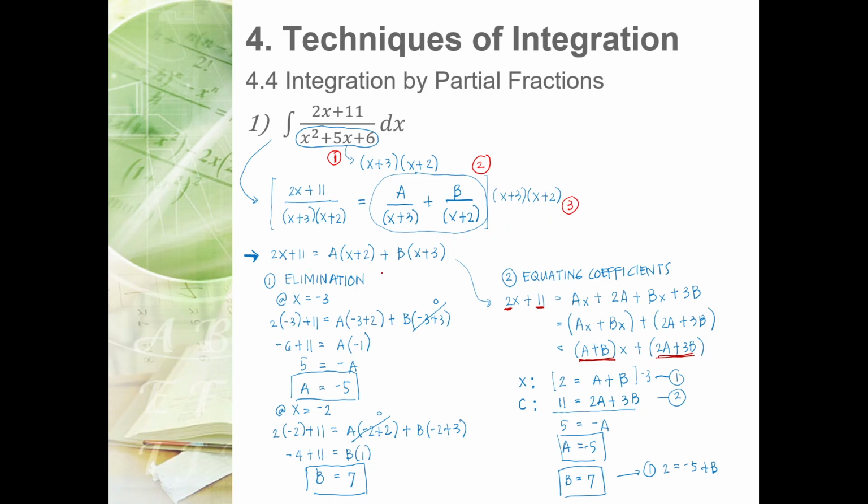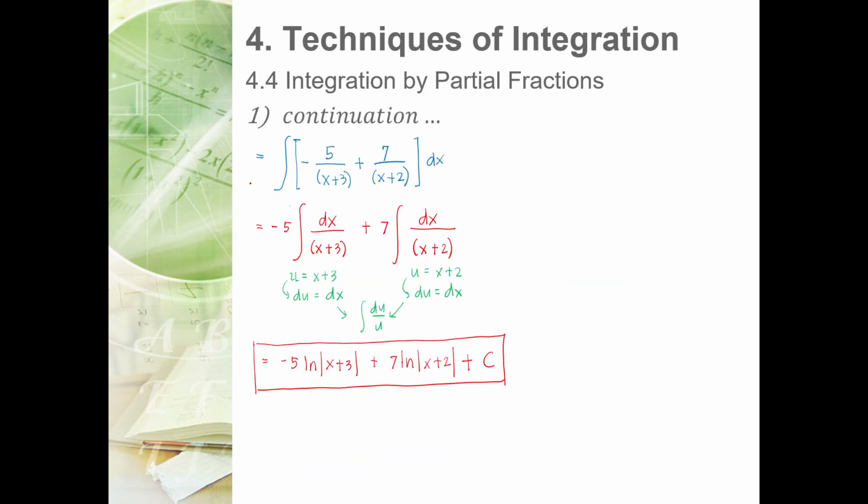So the fourth step, either you use elimination or equating coefficients, depending on your style. Then after finding the unknowns, the fifth step would be, of course, to integrate.